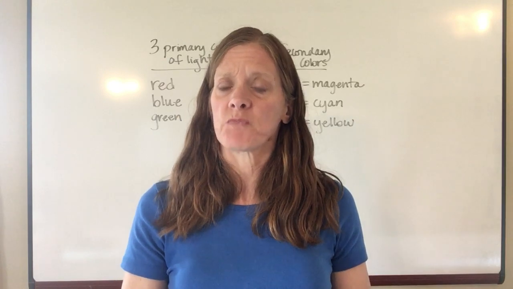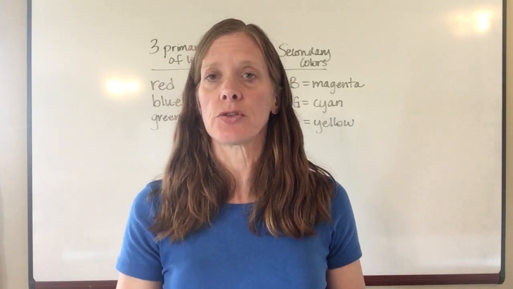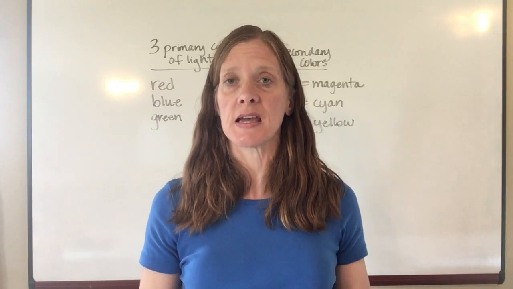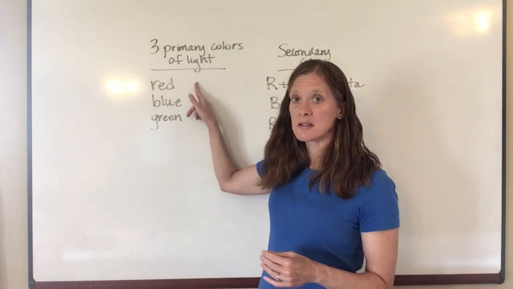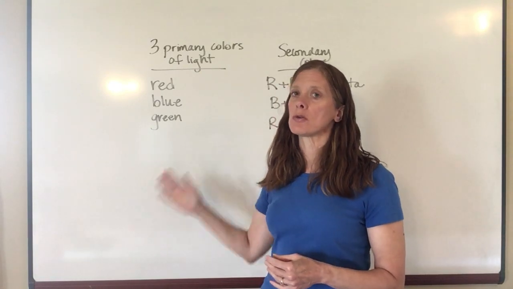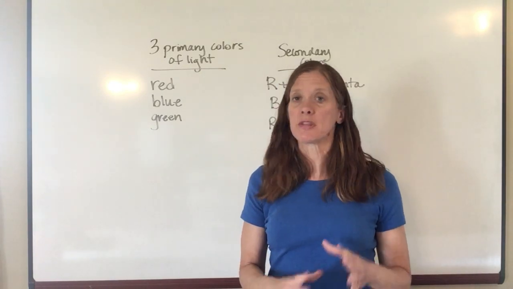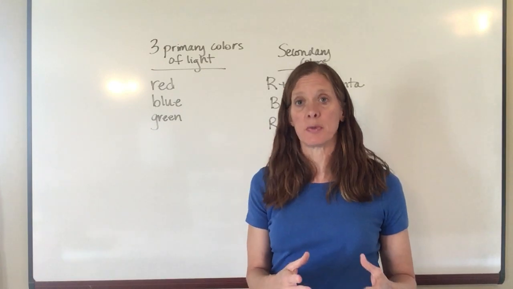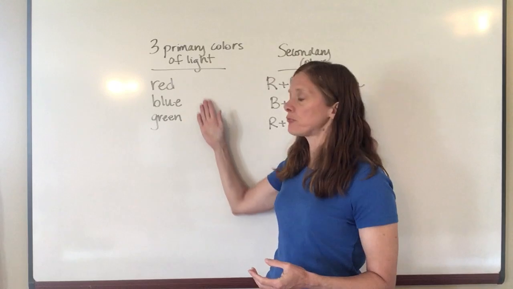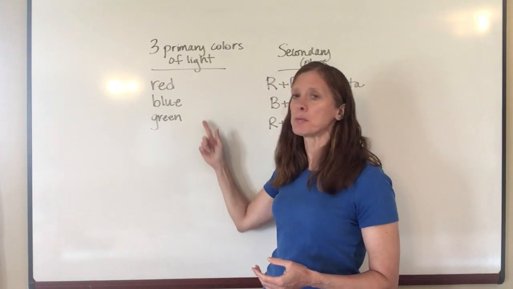And what scientists had determined was that the three primary colors that the cones in our eyes can distinguish are red, blue, and green. So again, these are the primary colors of light. Don't think about paint, because you'll just mix yourself up if you do that. And we'll talk about pigment a little bit later. So three primary colors of light, red, blue, and green.